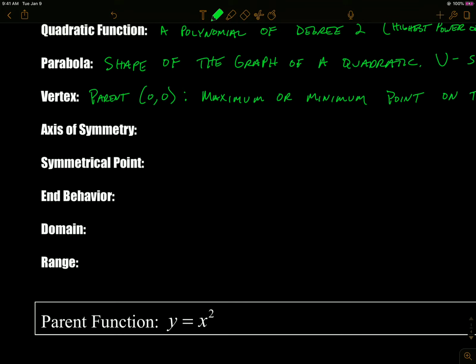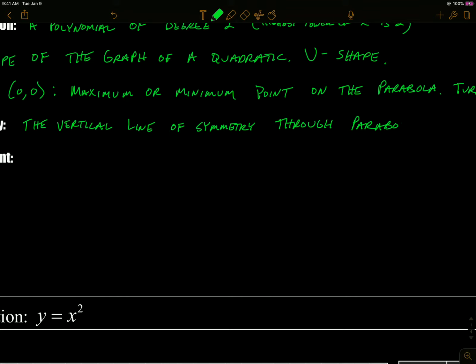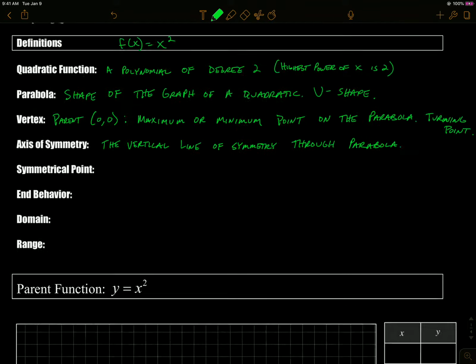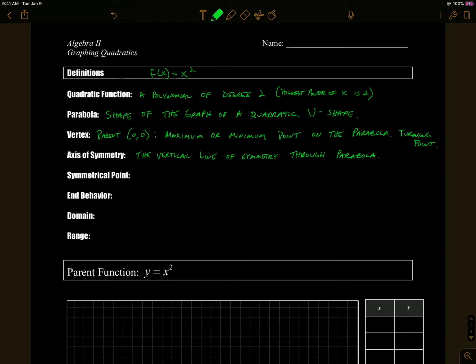The axis of symmetry, so that's the vertical line of symmetry through the parabola. The parabola always has symmetry, a reflection. There's a line of reflection, so maybe I'll call it that.